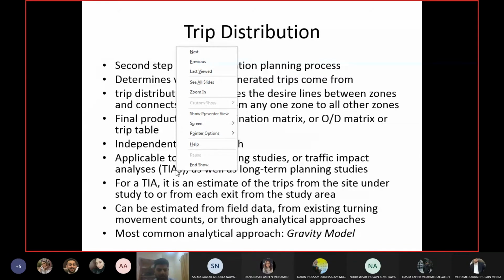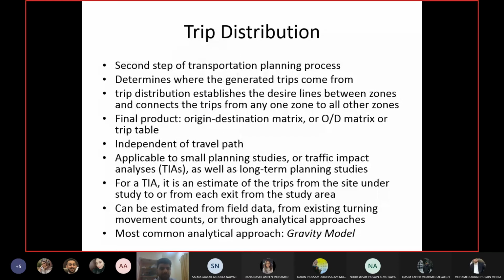If you are doing it for a traffic impact analysis, it is for a specific facility. Say I am building a mall. In that case, trip distribution will be from your mall, and then you will distribute it to each exit from your study area.